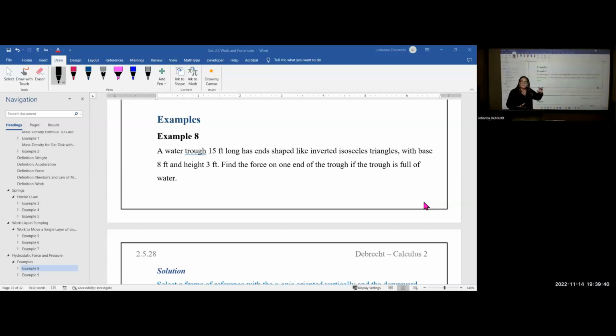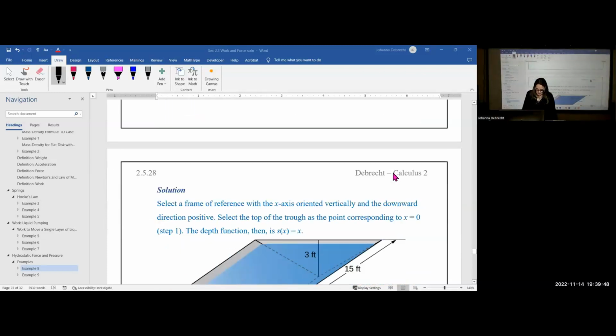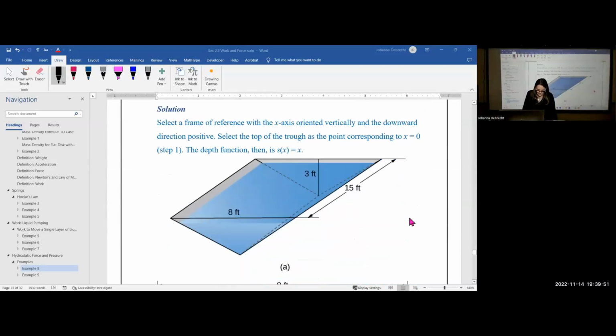We want to find the force of the water on the end of the trough if the trough is completely full of water. So this picture I don't think is as good as the last one I had, but at any rate, this is supposed to be the trough. I don't like that they've extended these lines further out, that they should have a break between the picture and the line. It looks a little weird.